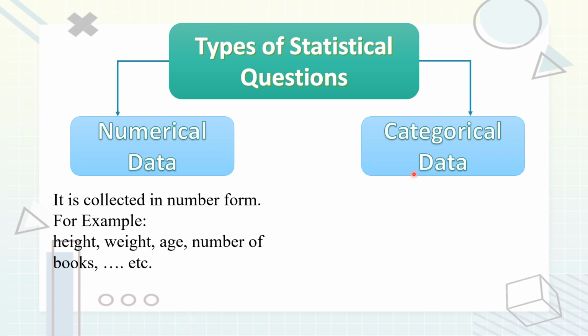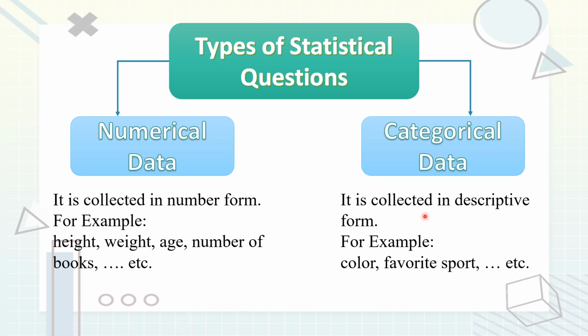And the second type, categorical data, is collected in descriptive form. We describe the answer as color, favorite sport, favorite TV show, favorite movie. All of these questions have an answer as a word.